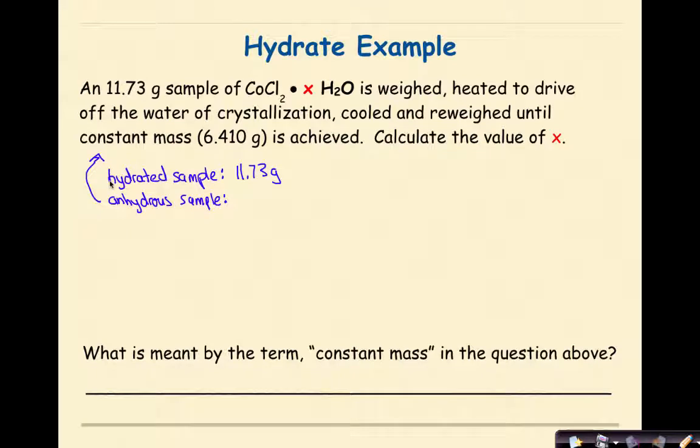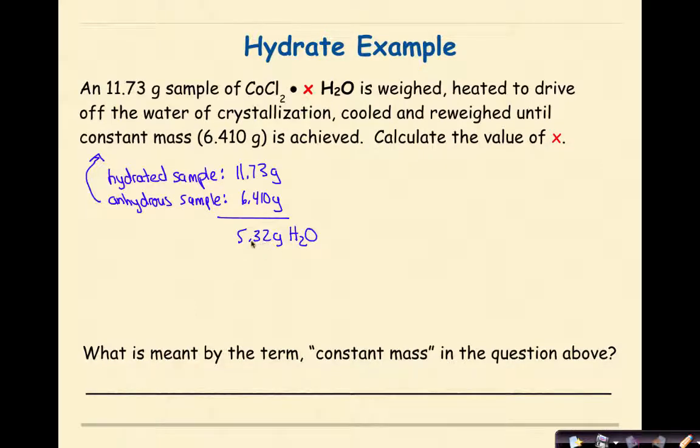If I subtract the anhydrous sample mass, 6.410 grams, from the hydrated sample mass, I find the difference to be 5.32 grams. This is my mass of water. And this is the first thing that you need to do. They're going to give you a hydrated sample mass and an anhydrous sample mass, you subtract the two and you find the mass of your water.